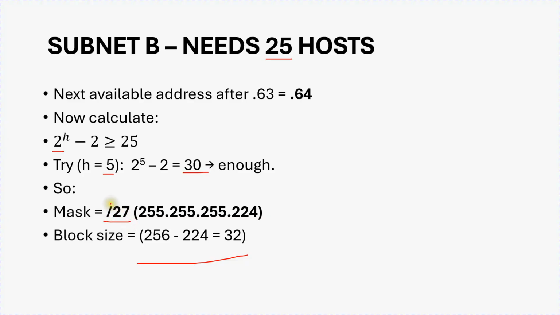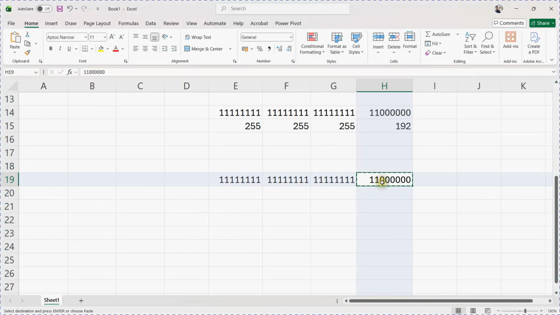The first 27 bits are 1, and the remaining bits are 0. 1 2 3 4 5 6 7 8.